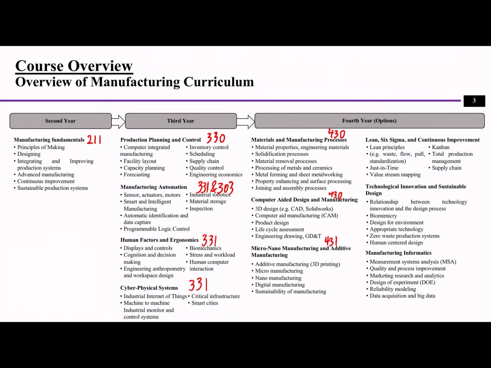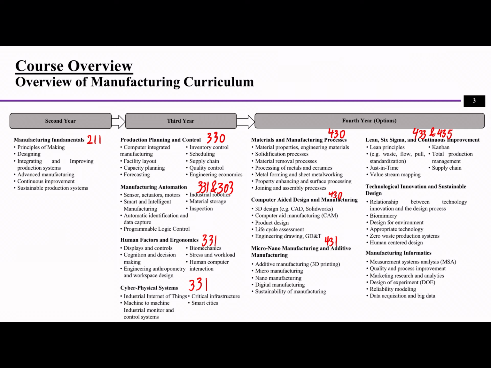Micro manufacturing, micro machining, or laser technology, or nano manufacturing, and also digital manufacturing systems, as well as sustainability of manufacturing. So these are the more advanced technologies in manufacturing. And so this is the 430 and 431.